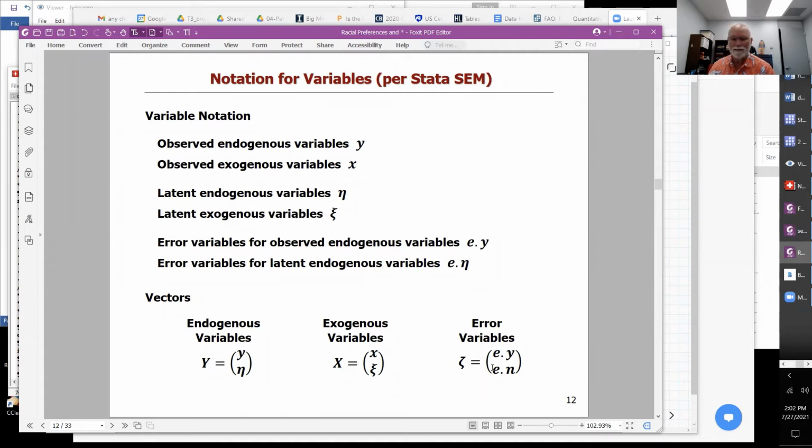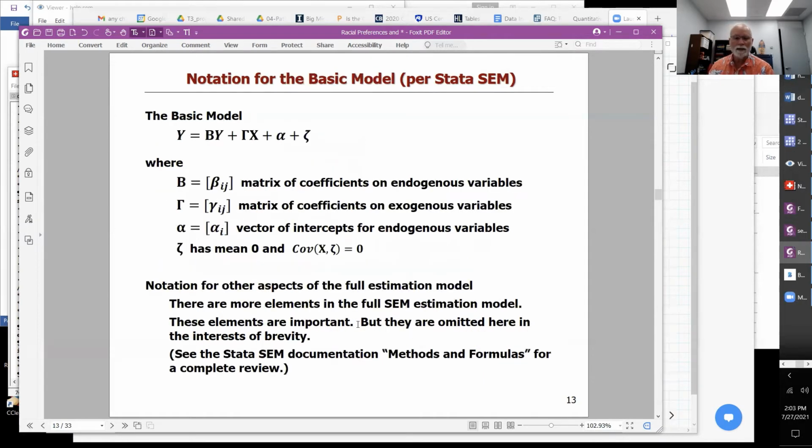And then we have a set of error terms, both for the observed variables and for the latent variables. And so there's a framework for thinking about how those are connected. I'm putting this all out here not to freak you out, but just to say that this is what it takes to move to a framework where we can think about everything that's going on in a full model.